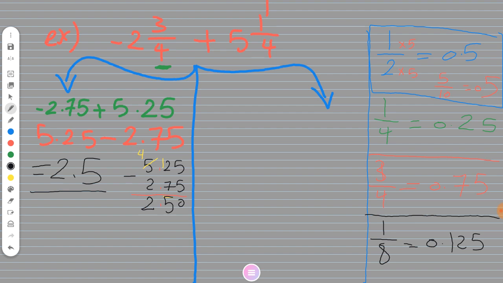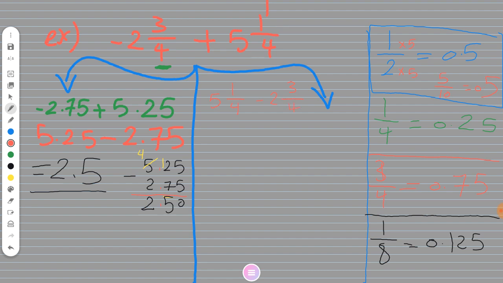What about the fraction way? Okay, the fraction way is actually something different. We will start with 5, as we said before, 5 and 1 over 4 minus 2 and 3 over 4. We do it by using the commutative property, okay?